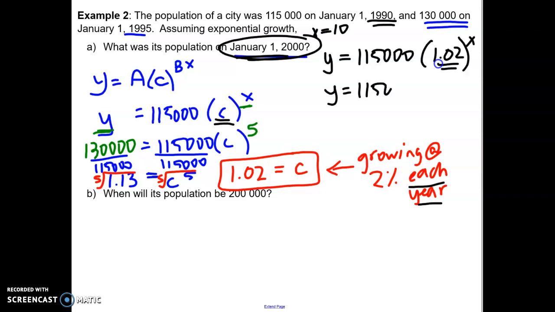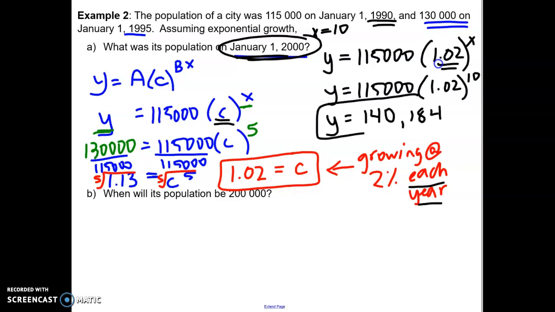So we just plug in 10 for the exponent of x. Then we go 1.02 to the power of 10, multiply that by 115,000, and you should get the population would be 140,184 approximately in the year 2000.